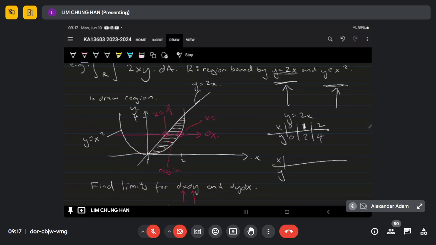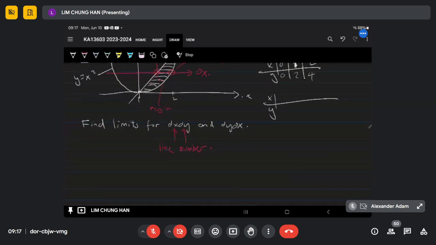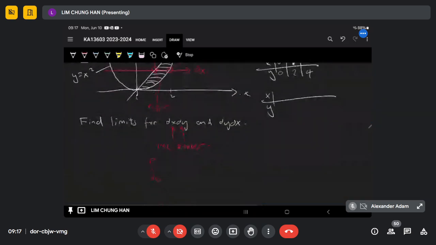Square root y. Yep, correct. Square root y. So that's your first limit.